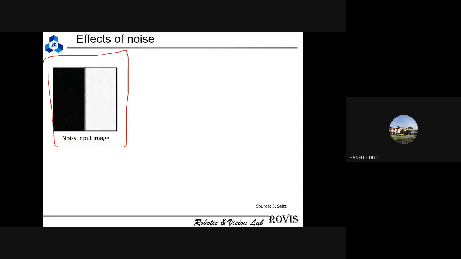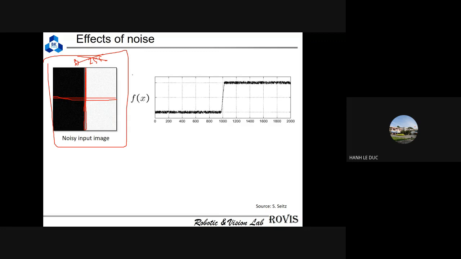Here you can see a lot of noise, not beautiful like this, with a lot and a lot of values between 0 and 255. When we scan like this, we will have the equation like this, the pixel here and this row.